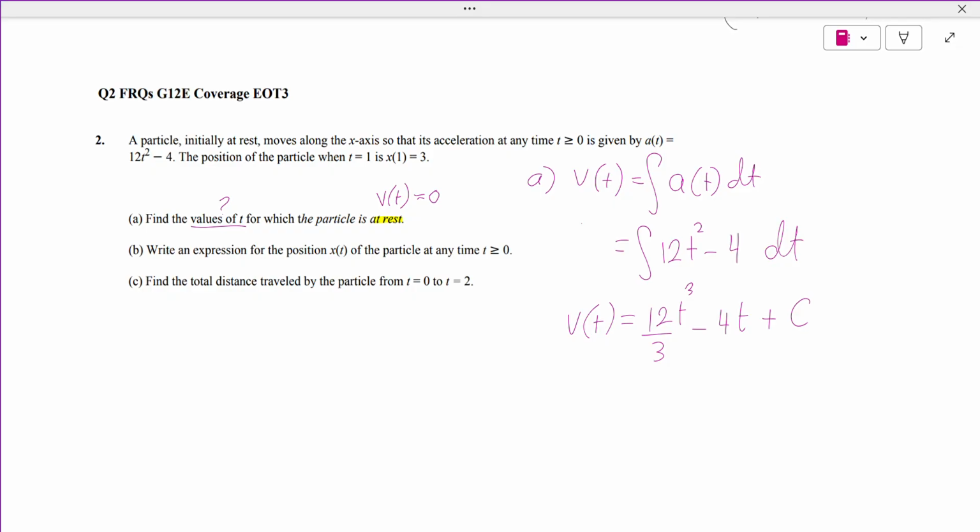We can use an initial condition now to find the value of c, where it's given at the beginning of the question. Since the particle is initially at rest, v of 0 is equal to 0. So you can just replace v with 0. This is 12 over 3 is 4, 4t cubed minus 4 times 0. I should have written 0 here.